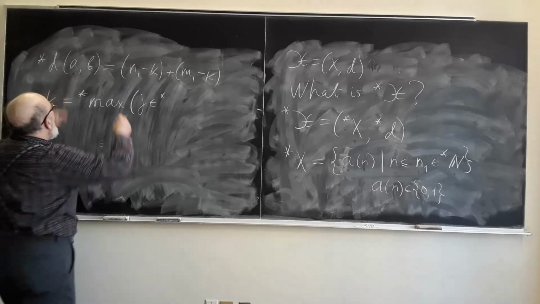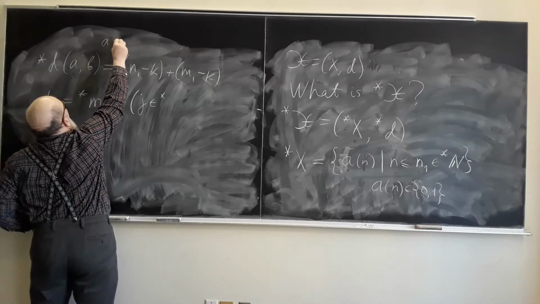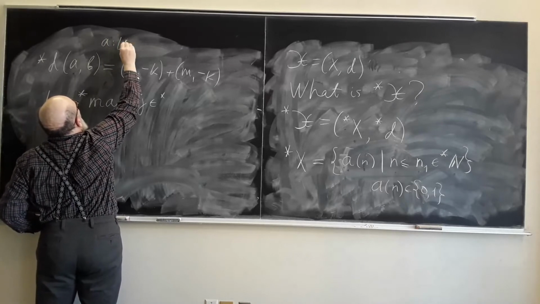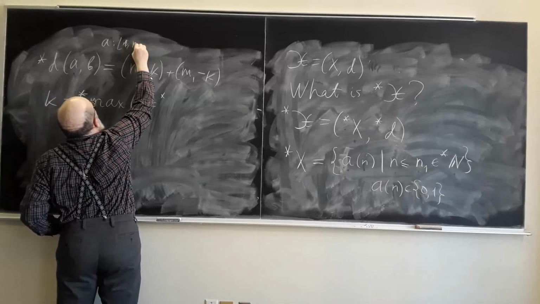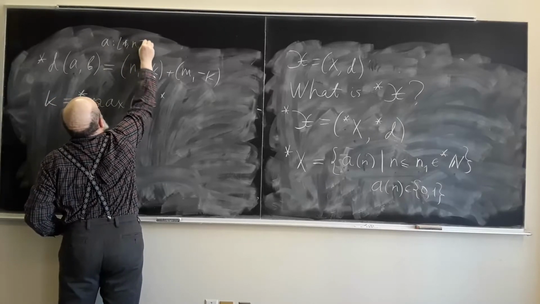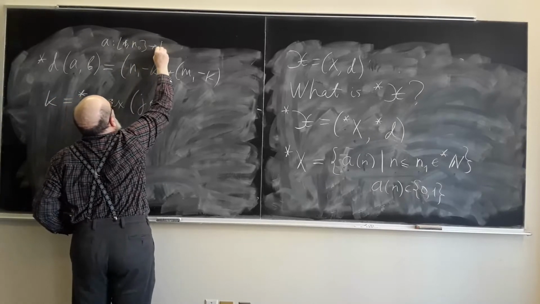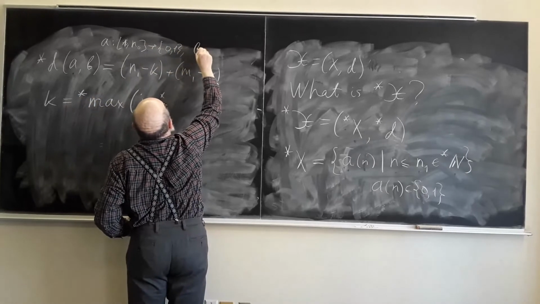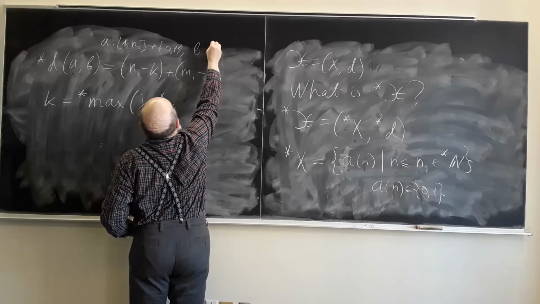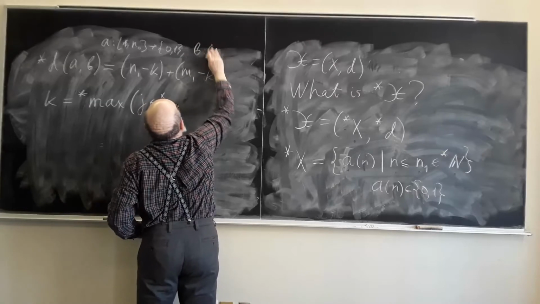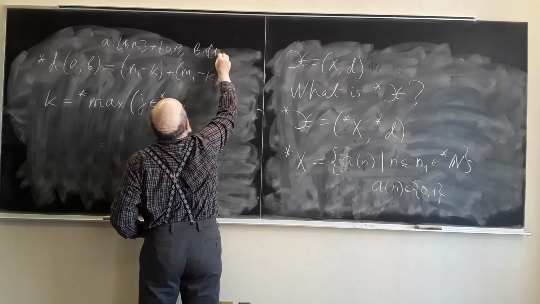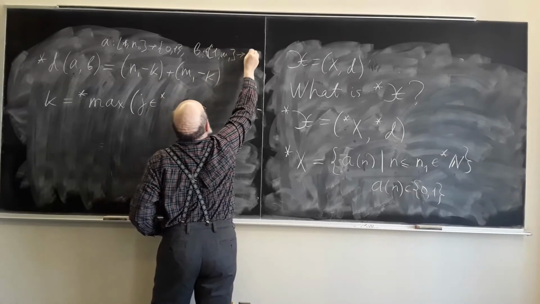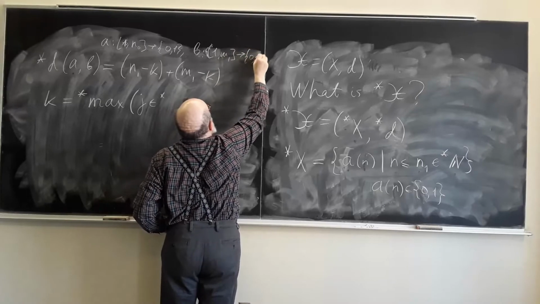So A is say 1, 1, 0, 1 up to n1, and B is 1, 1, 0, 1 up to m1.